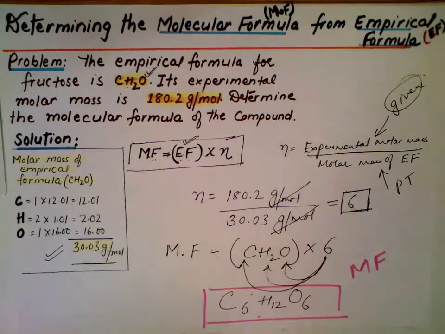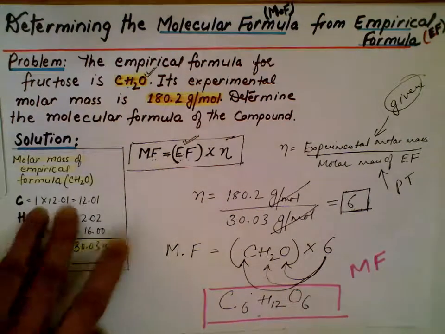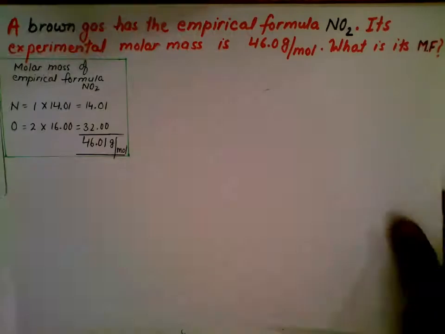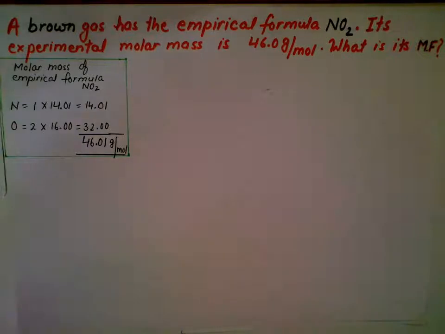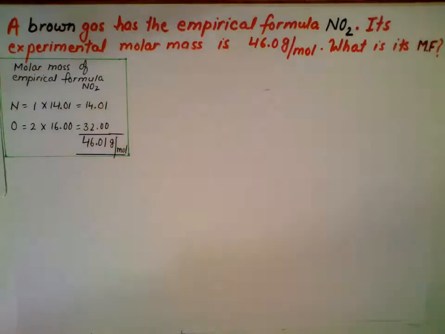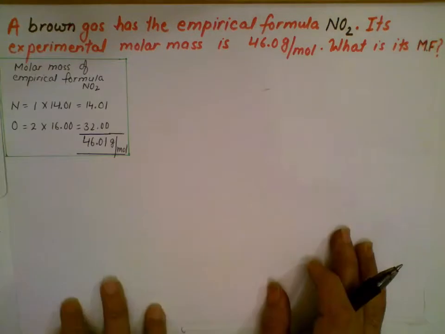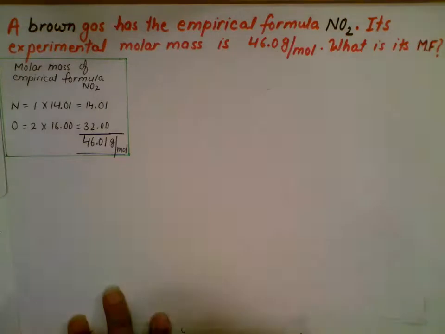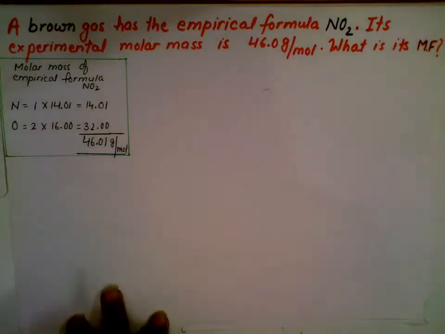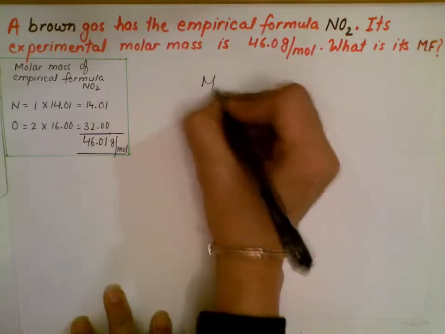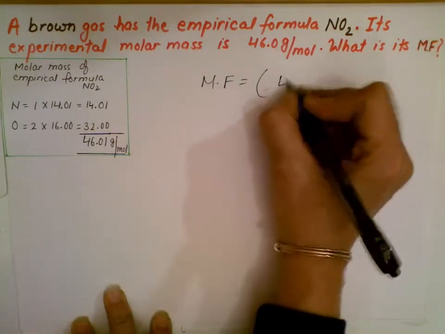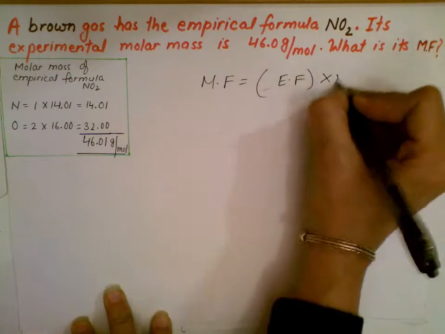Now let's try one more problem. A brown gas has the empirical formula NO2. Its experimental molar mass is 46.0 grams per mole. You have to find the molecular formula. It's again the same thing. You use the same formula: molecular formula equals empirical formula times n.